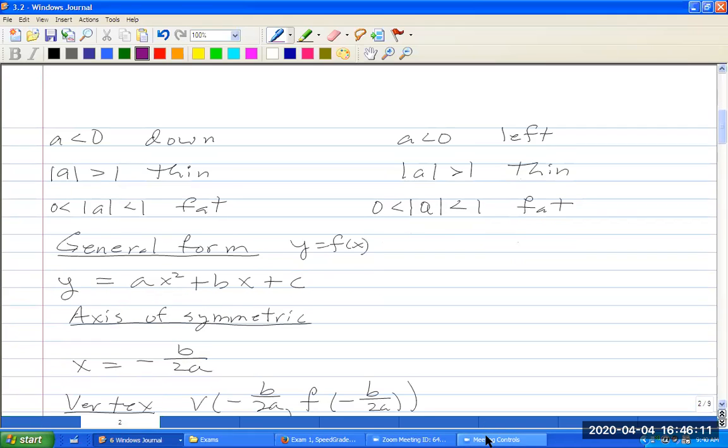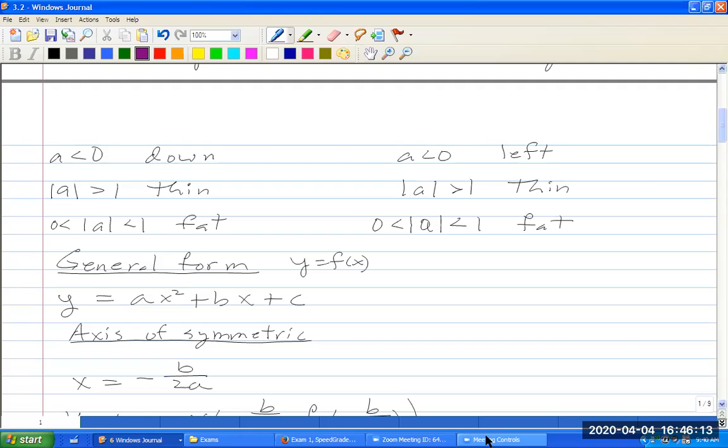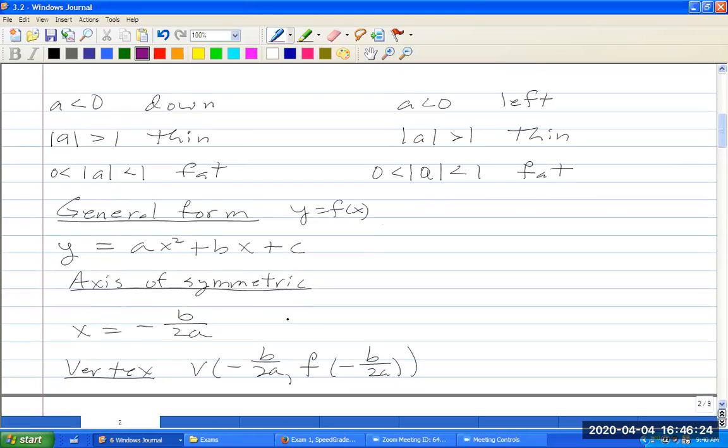The general form for the equation of a parabola is y equals ax squared plus bx plus c. This would be for a parabola that goes up or down.